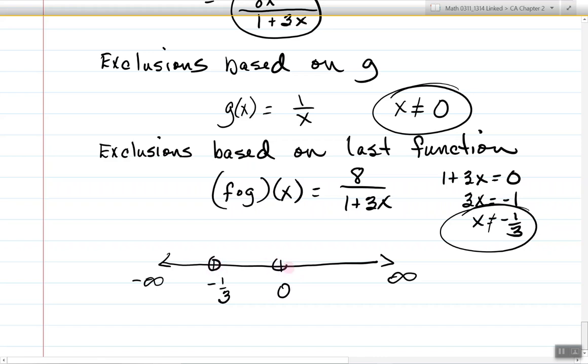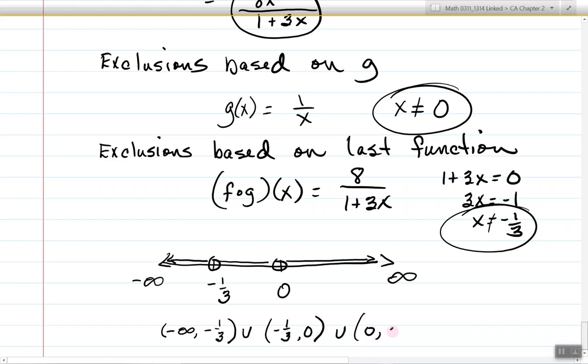So that's okay, and that's okay, but you must show holes at those. So it will be from negative infinity, comma, negative 1/3, use parentheses, union, and that symbol is available for you to type from the toolbar, negative 1/3 to 0, parentheses, union, parentheses 0 to infinity.